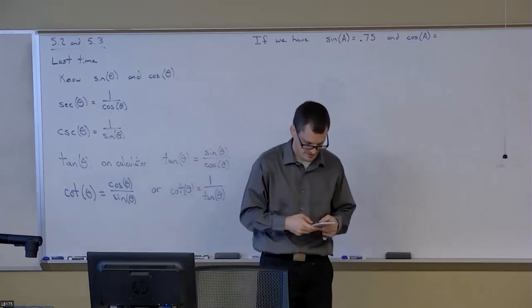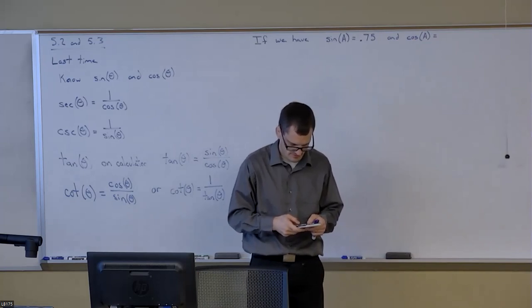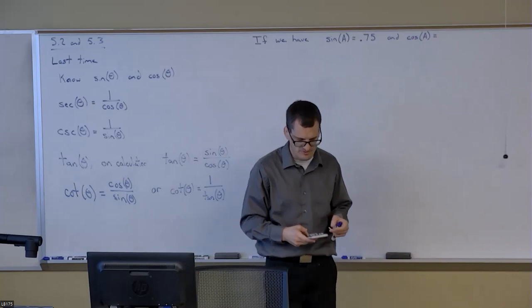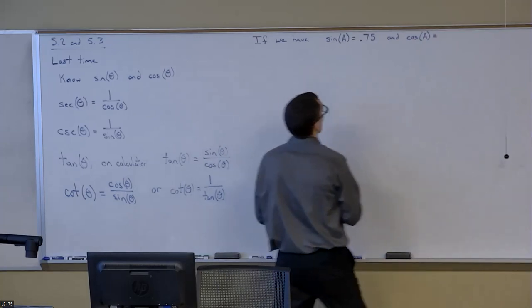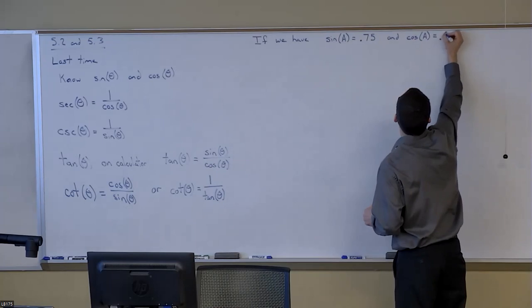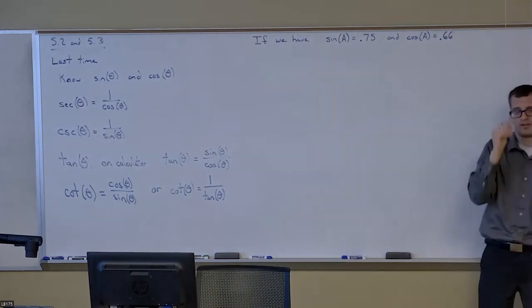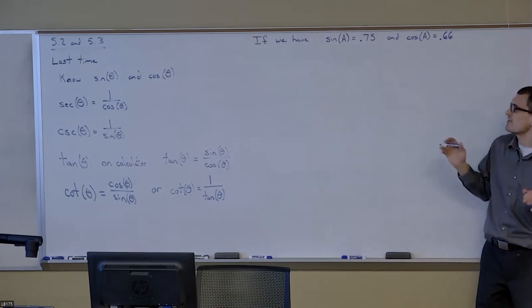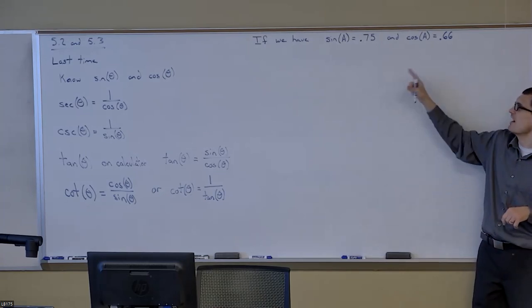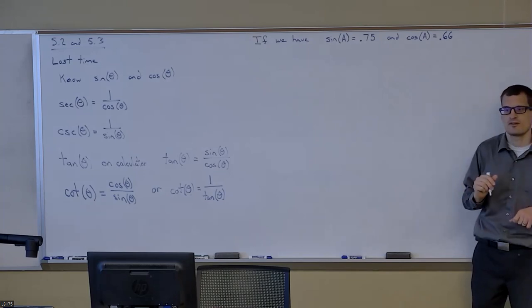Let me figure out what that would be. Let's say it's 0.66 roughly. I'm just trying to get two numbers that work out. That's all. So let's say we have this sine and this cosine. Okay.